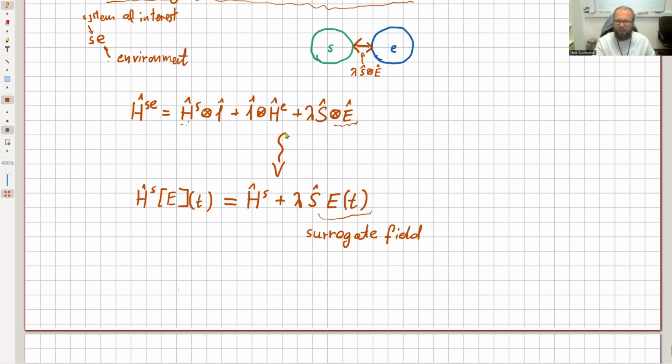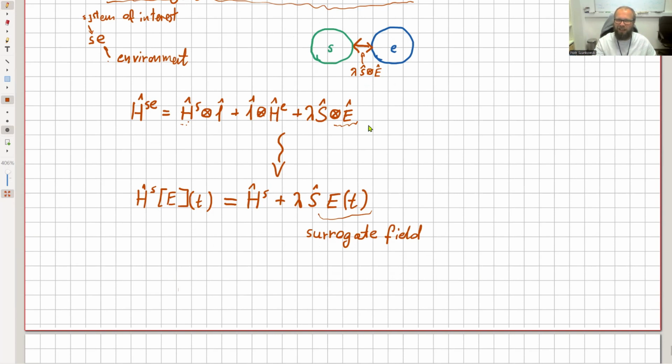So this kind of replacement is valid, right, provided that all the dynamical properties of system S will be accurately simulated by this model.